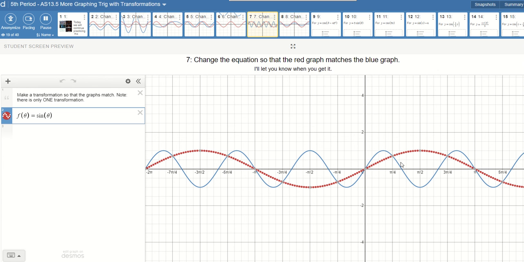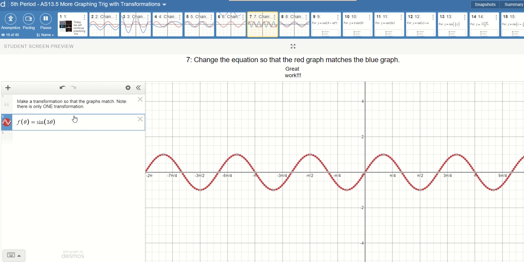Let's see, 1, 2. So this isn't really a good number to work with. I think it's going to be 3 because it takes peak, valley, peak, and so it does 1.5 periods, because this would be 1 period, a peak and a valley, and then a peak again in pi. So I think it's going to be 3. Yeah.